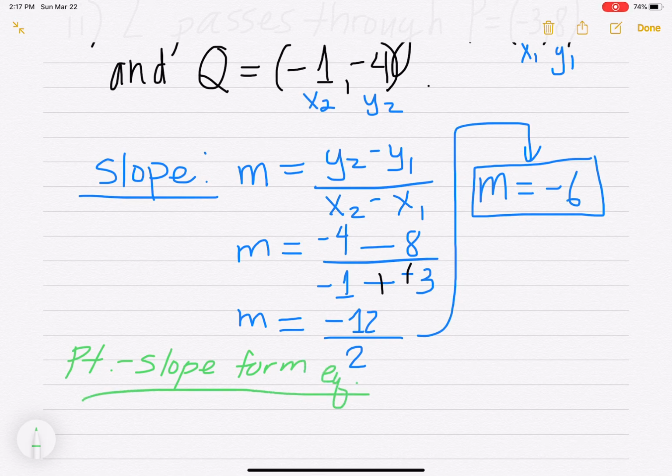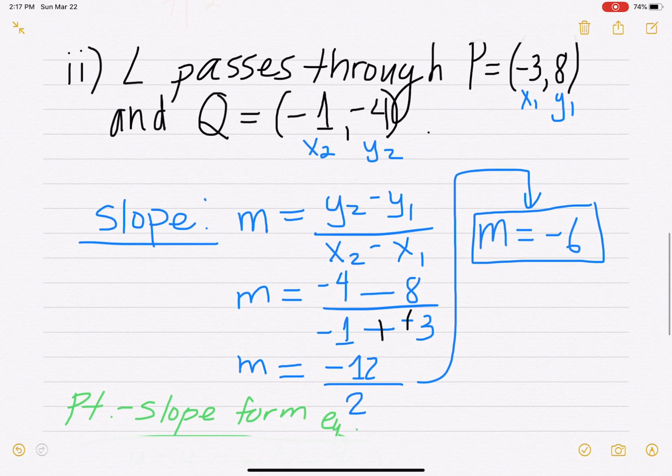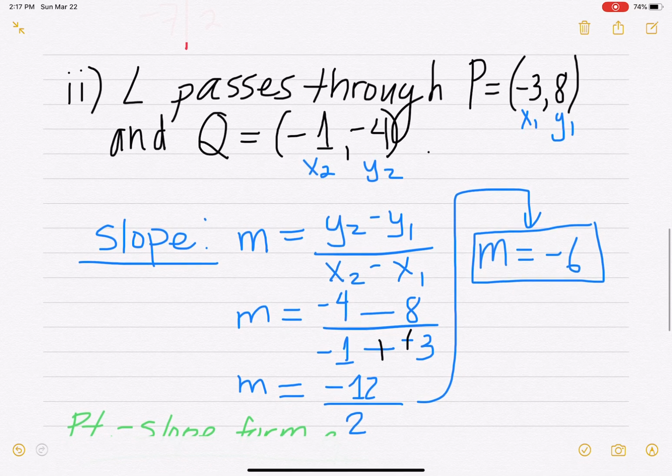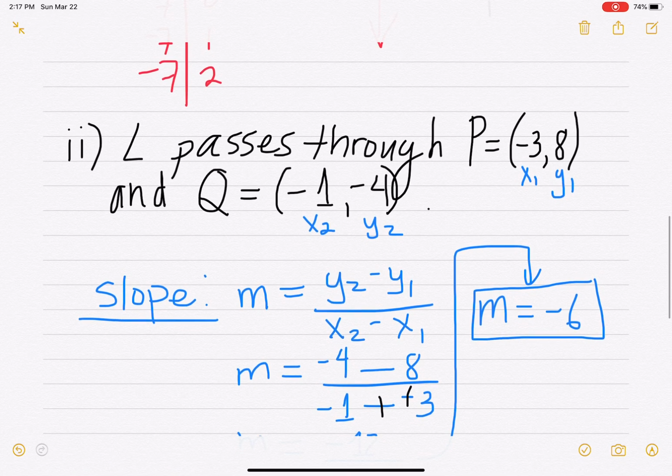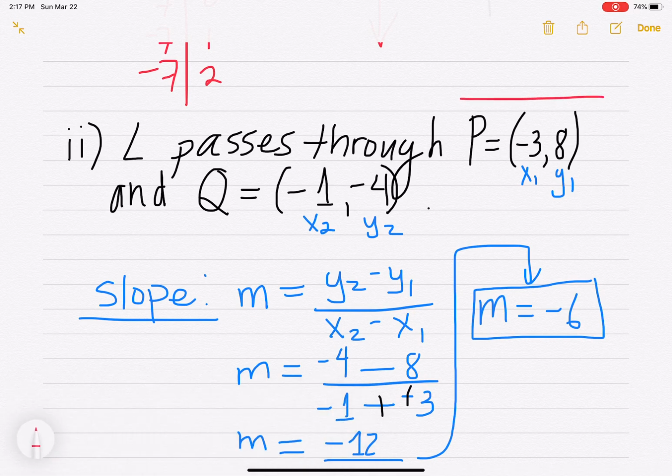Remember for that, the formula is y minus y1 equals m times x minus x1. So I got a point of negative 3, 8 that I'm going to use right here. I'm going to use this for my x1, y1 in my point-slope form.